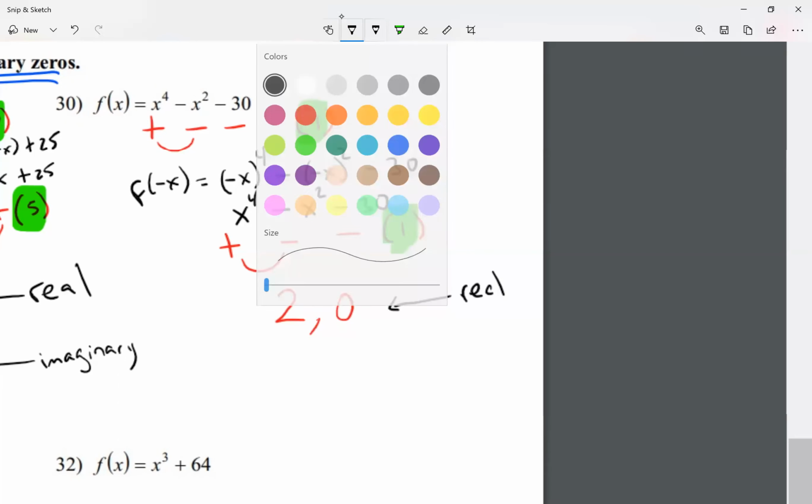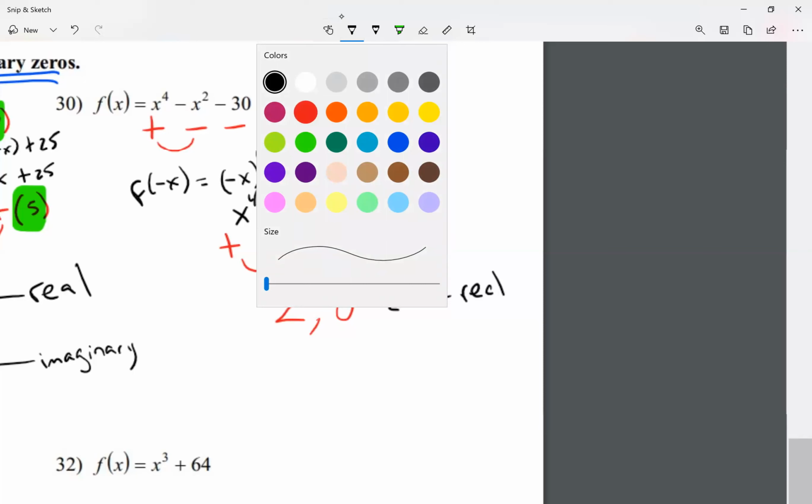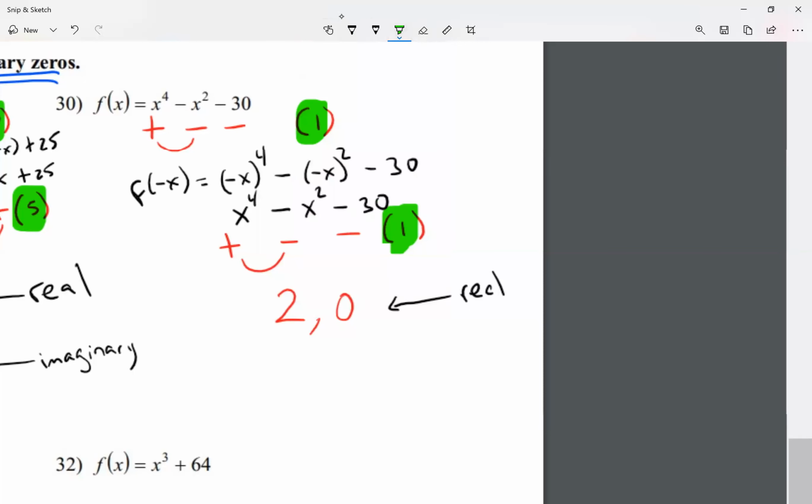Now for imaginary, I'm going to use my highest exponent and my lowest zero. So 4 minus 0 gives me 4. So the maximum amount of imaginary solutions is 4 or 2 or 0.